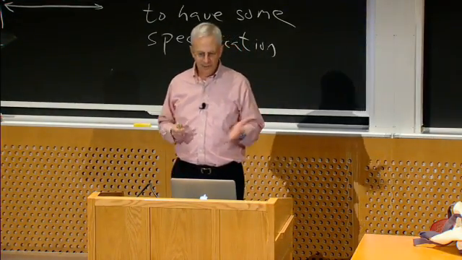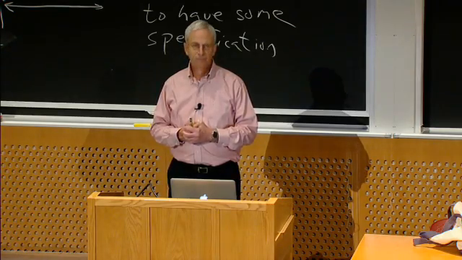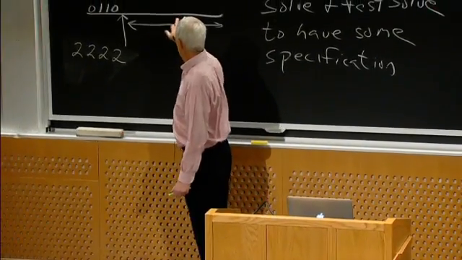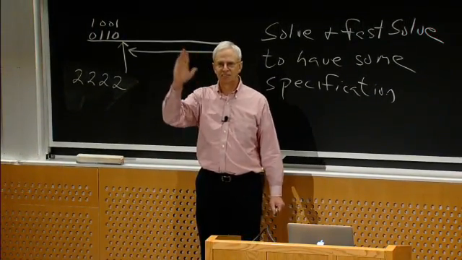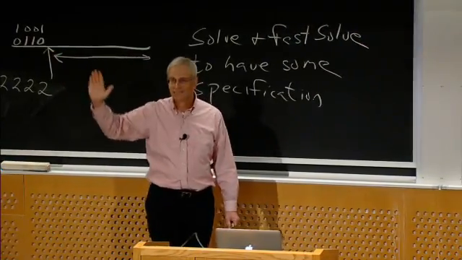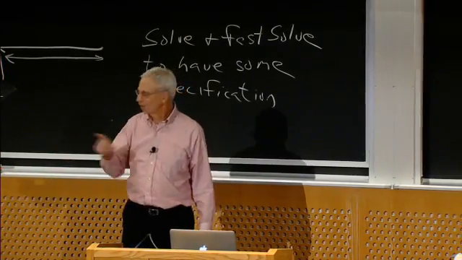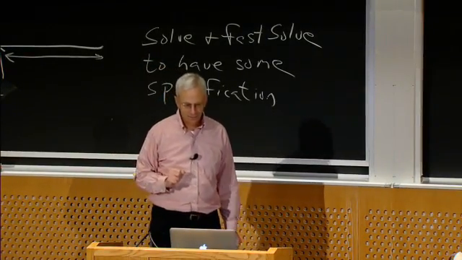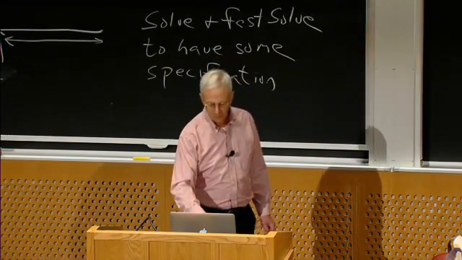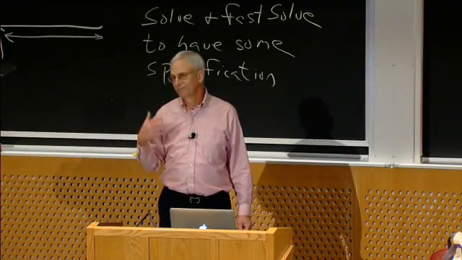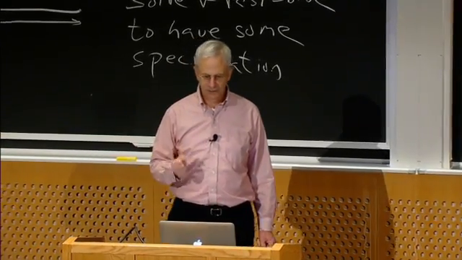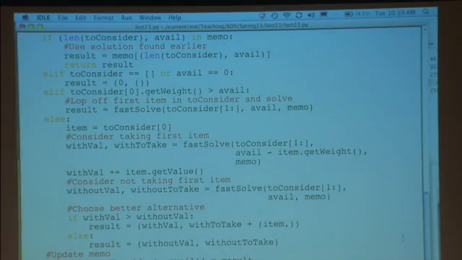And so if the list of things to consider, the length of it, because every time the length is the same, it will be the same list, since I'm systematically examining a prefix. I'm not shuffling the list each time. So the length can be used to tell me what I've already looked at. So if I've looked at that sublist before with this available weight, it will be in the memo, and I'll just look up the solution. Result equals memo of len of to consider and avail.